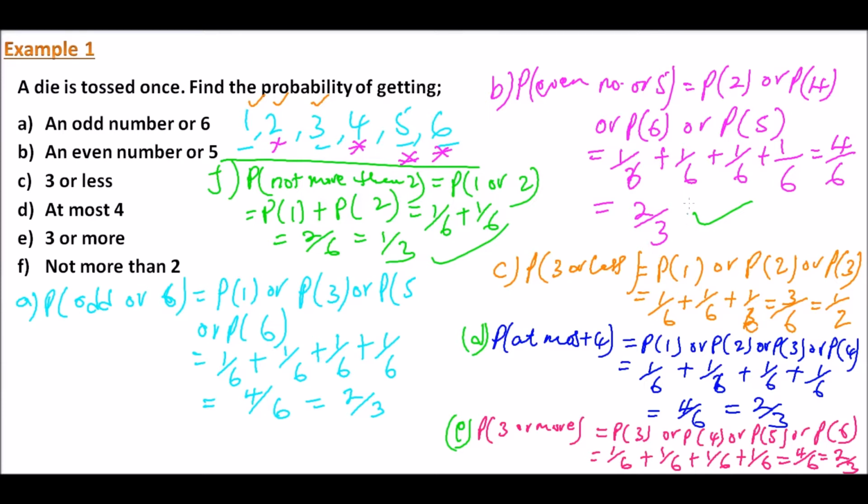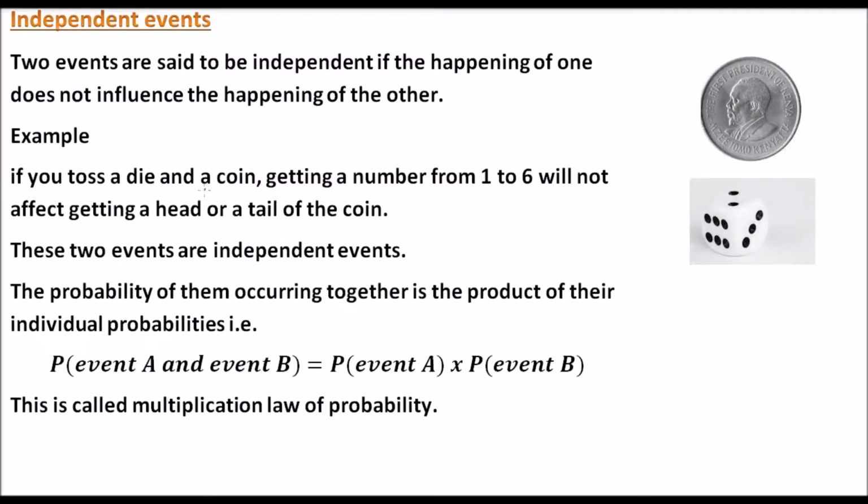So from here we look at independent events. We say that two events are said to be independent if the happening of one does not influence the happening of the other. For example, if we toss a die, here we have a die and we have a coin here.